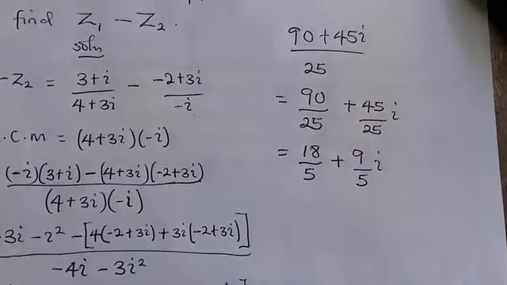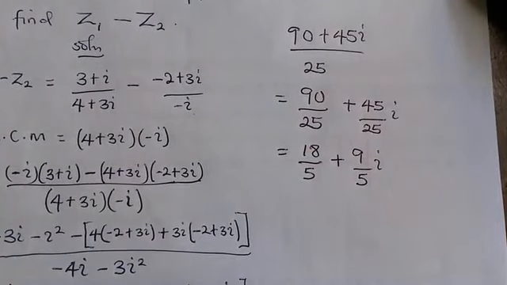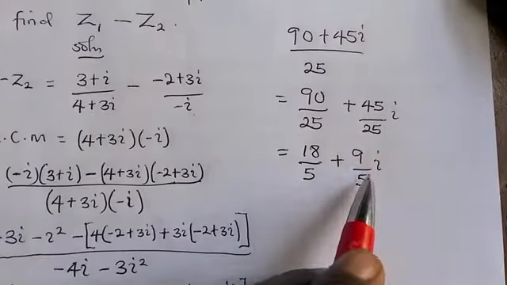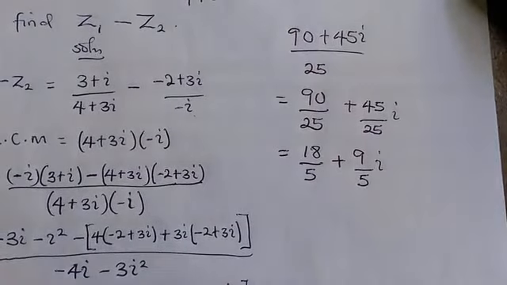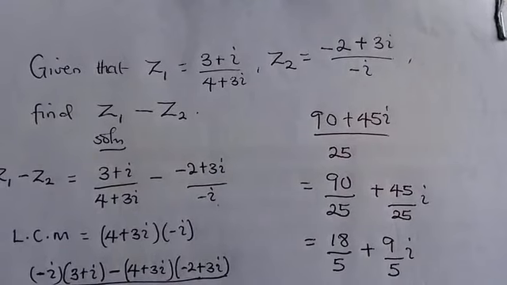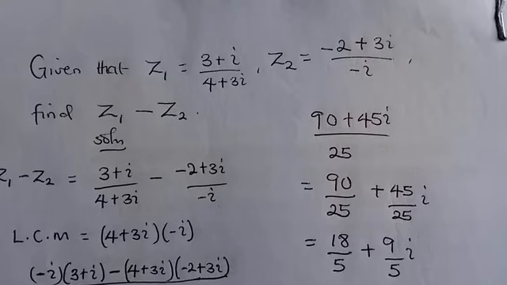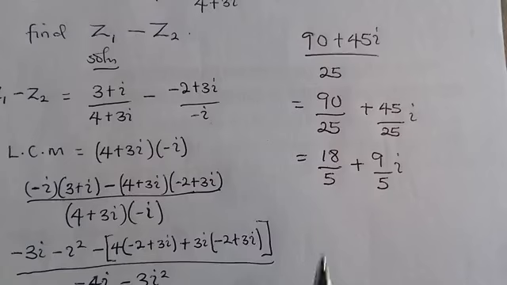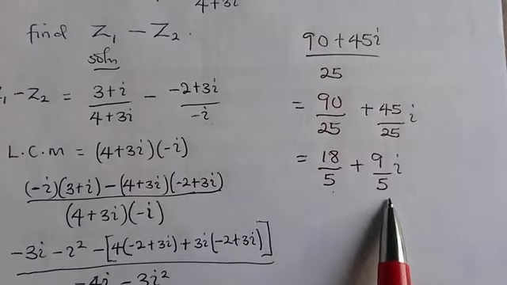So we have 18 over 5 as a real part, 9 over 5i as the imaginary part for this particular question that says, given that z1 equal to 3 plus i over 4 plus 3i and z2 equal minus 2 plus 3i over minus i, when we find z1 minus z2, the result will be 18 over 5 plus 9 over 5i.